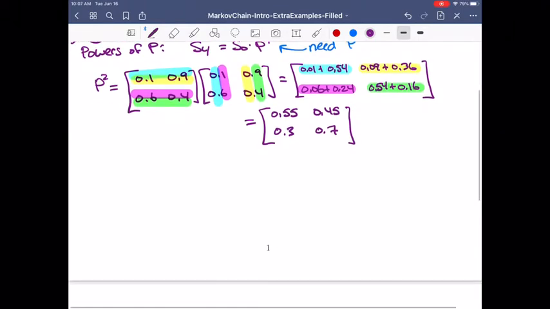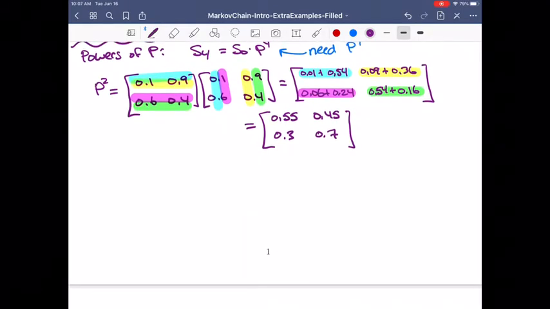Okay, now we can skip P cubed and go straight to P to the 4. So P to the 4 is going to be P squared times P squared. So we're going to take the matrix that we just got and multiply it by itself.